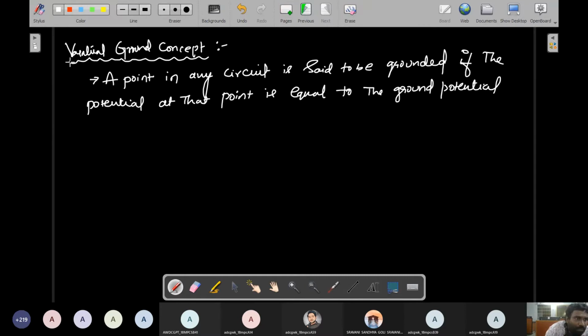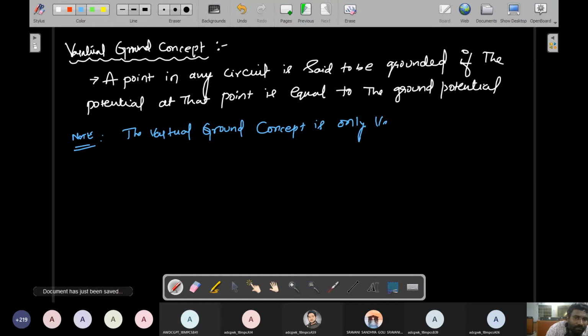So it's a very important note point. I'll write the note point. Please remember, everyone: the virtual ground concept is only valid in an ideal op-amp.